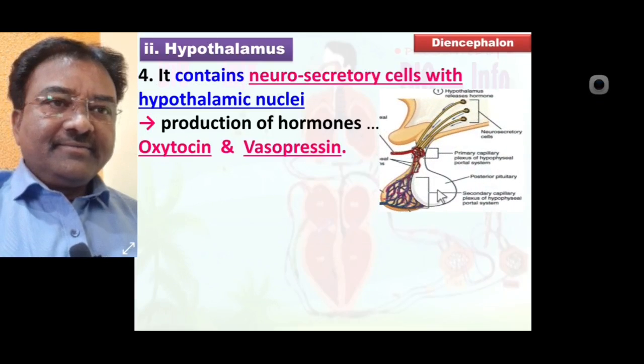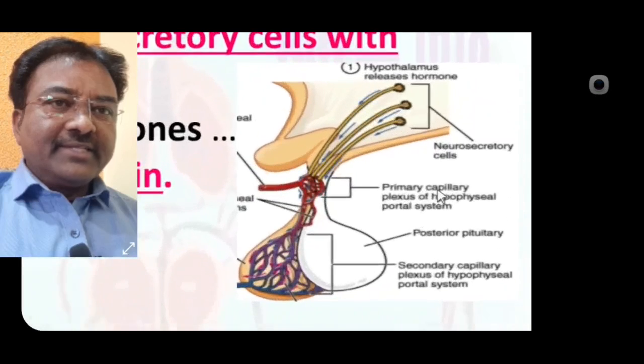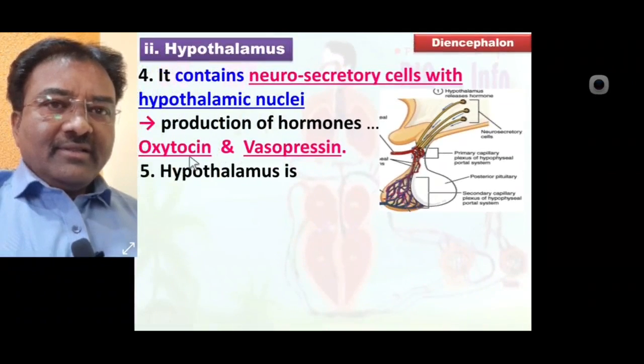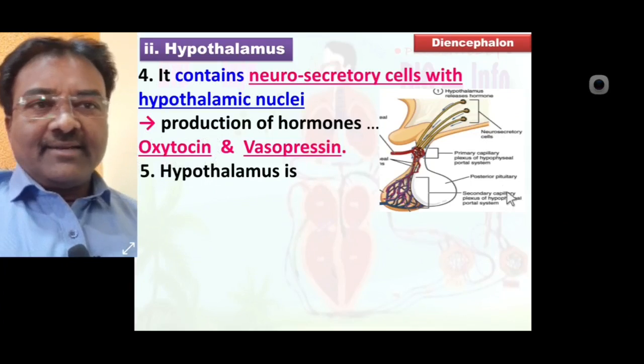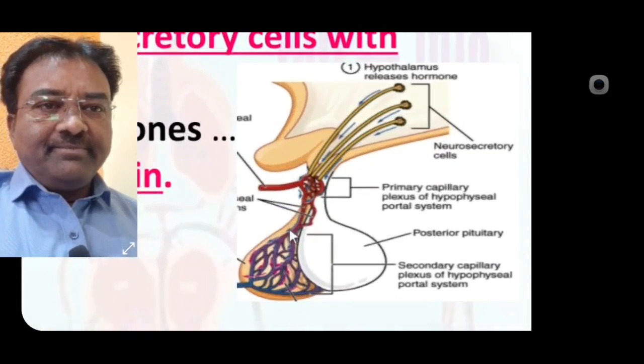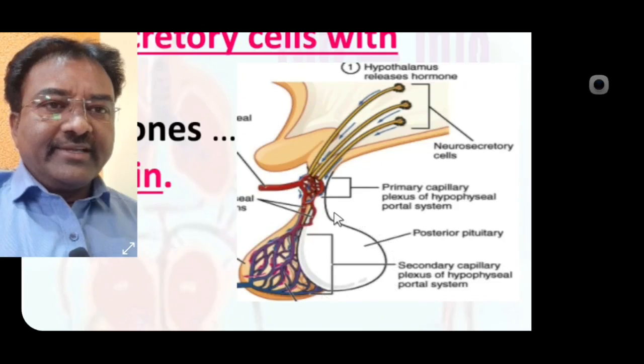Seen here, hypothalamus contains neurosecretory cells. These neurosecretory cells secrete the hormones oxytocin and vasopressin. That secreted hormone is actually released by the posterior lobe of the pituitary gland.